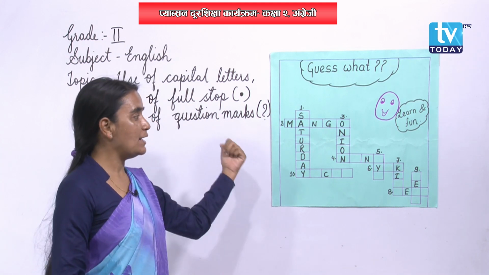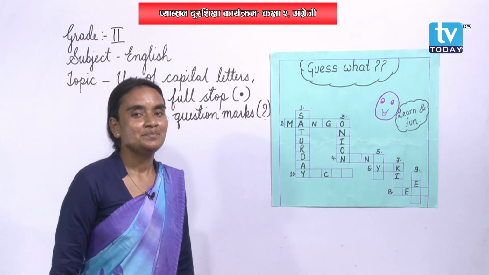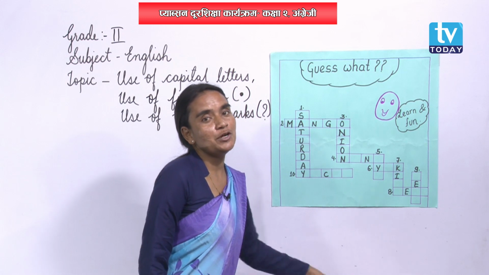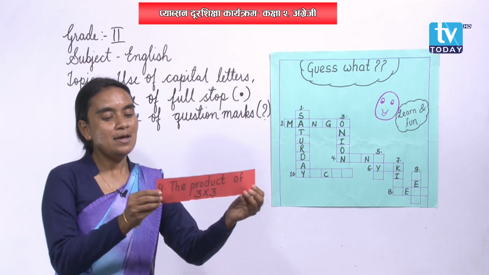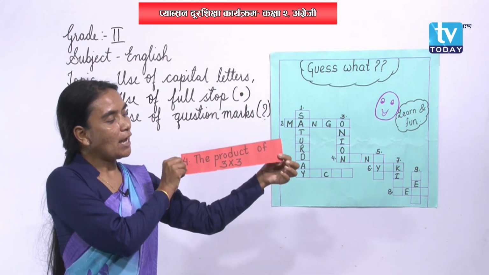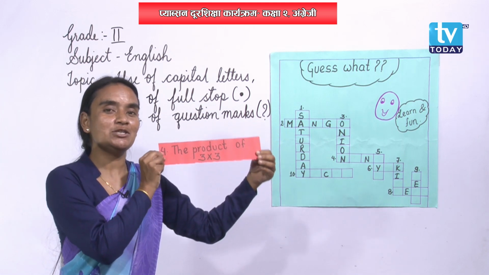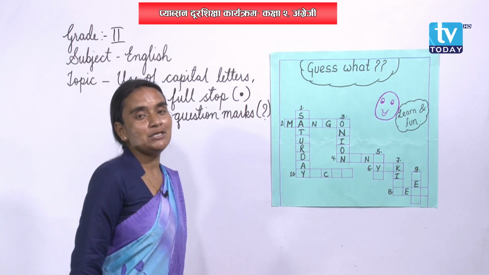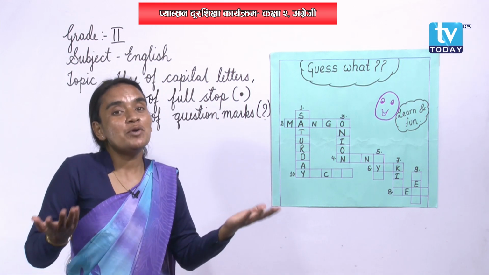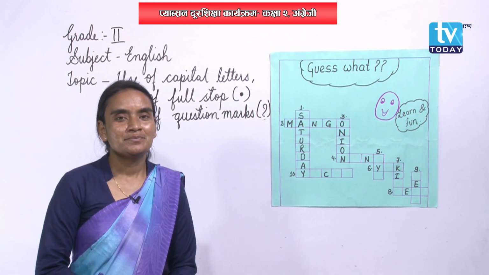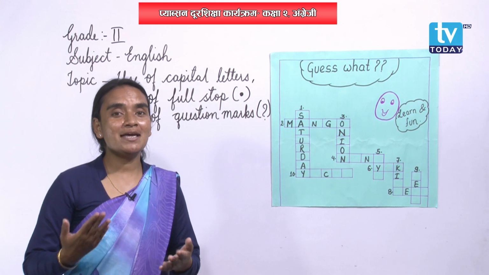We are going to number 4 now. Even number, left to right. So, the instruction for you to fill up even number 4. The product of 3 multiplied by 3. If we multiply 3 and 3, what product do we get?